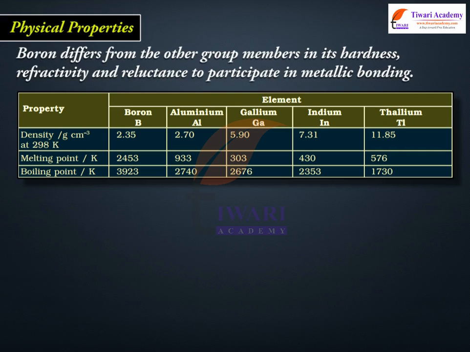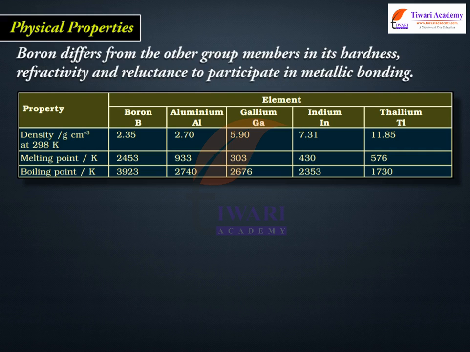In the trivalent state, for example boron in BF3, there are only 6 electrons around the central atom. Such electron-deficient molecules have a tendency to accept a pair of electrons to attain stable electronic configuration and thus behave as Lewis acids.